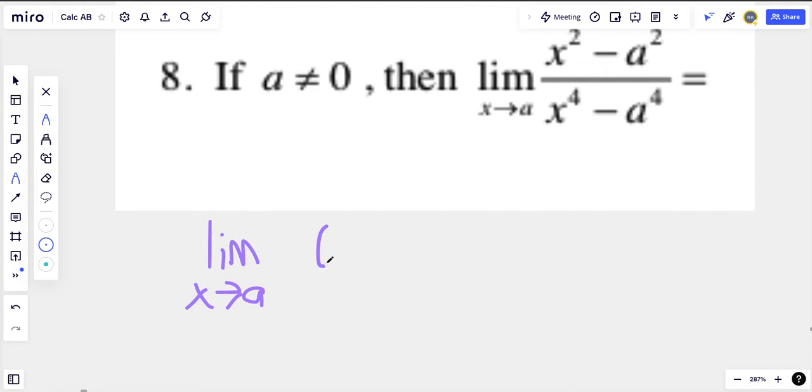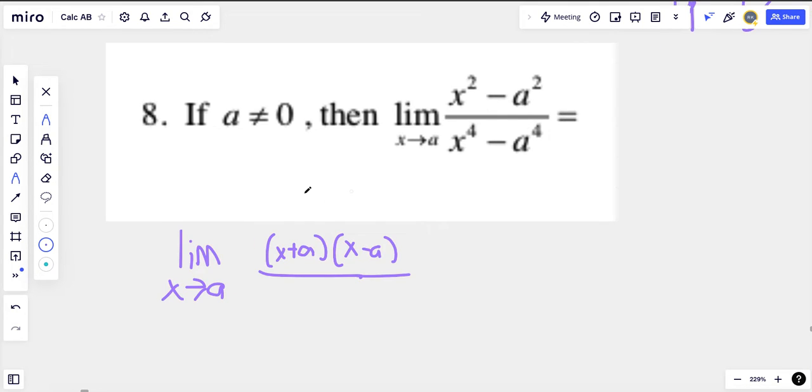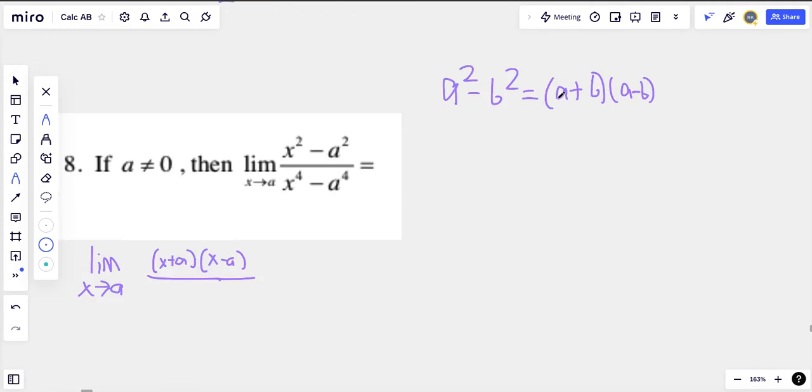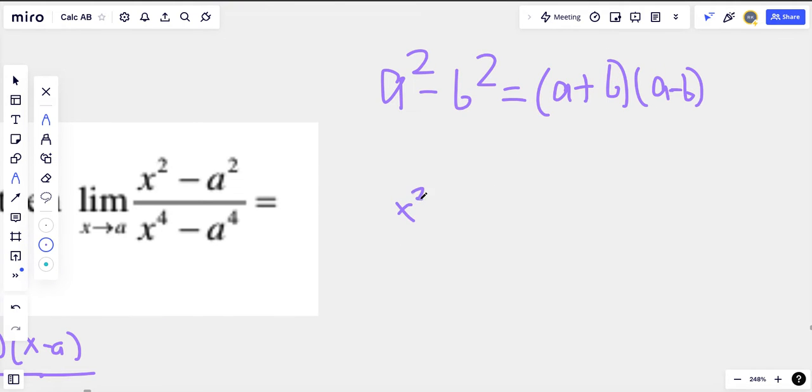So we just make use of that identity whenever we factor here. So here this would turn into x plus a times x minus a. And then this one is also a difference of squares. The only difference is that it's x squared squared minus a squared squared.